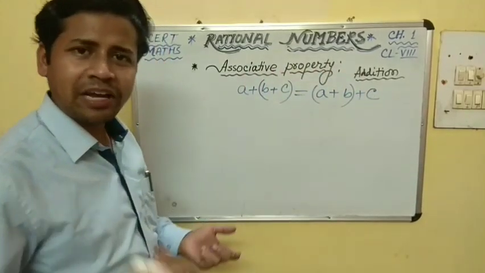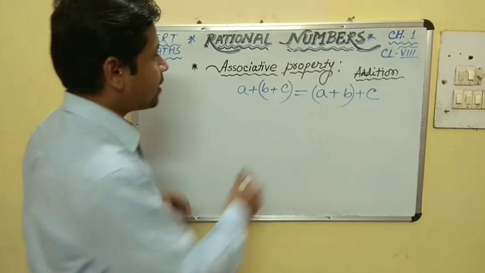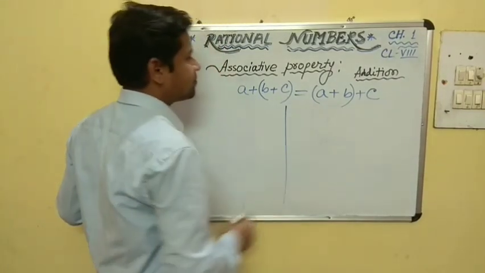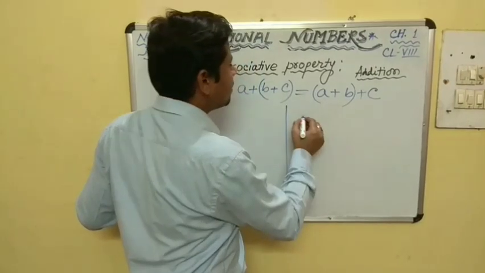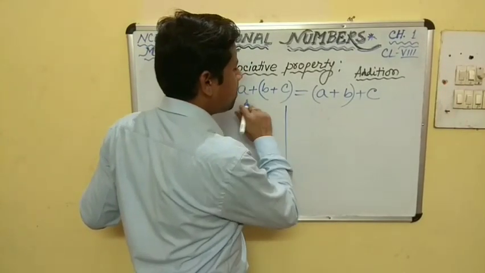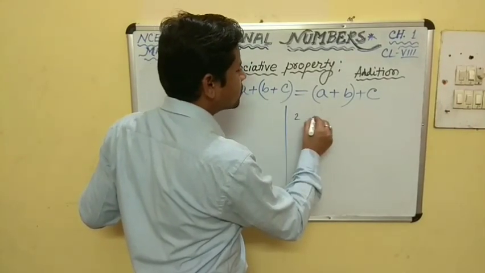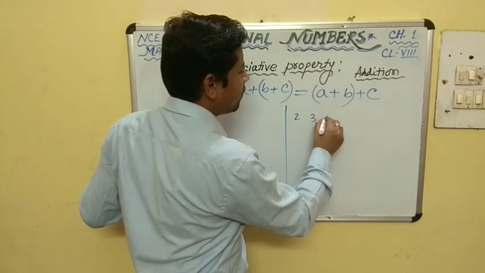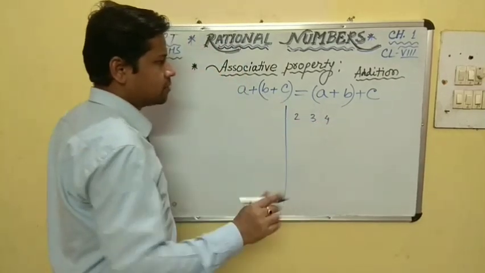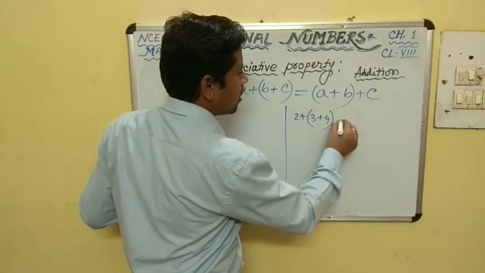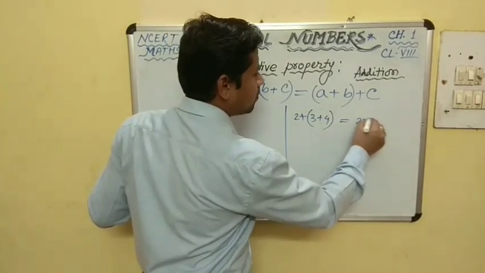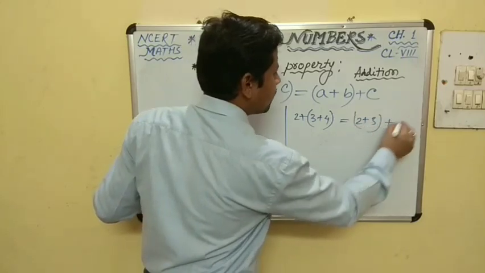So let's check by giving some examples. First of all, if we take whole numbers as rational numbers, let a, b, c be 2, 3 and 4, taking it simple. Is (2 plus 3) plus 4 equal to 2 plus (3 plus 4)?